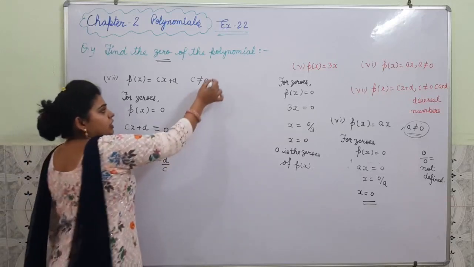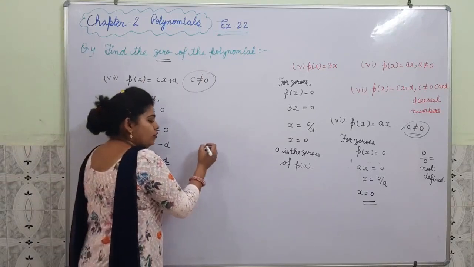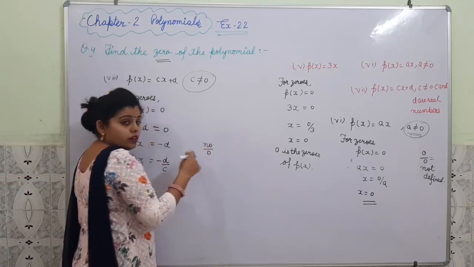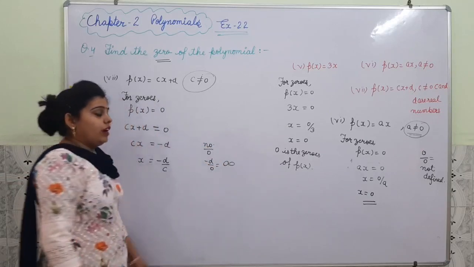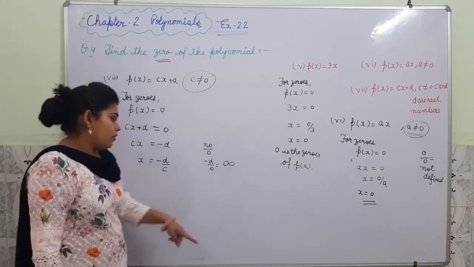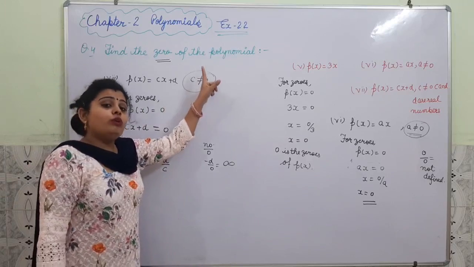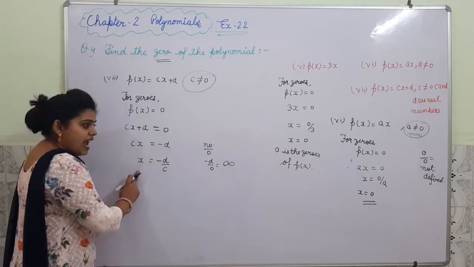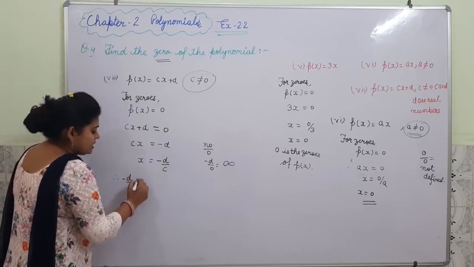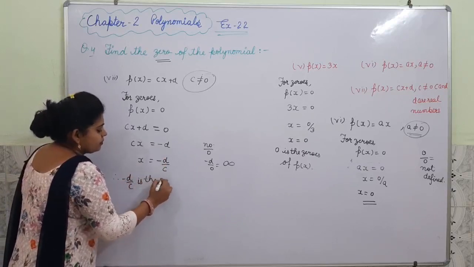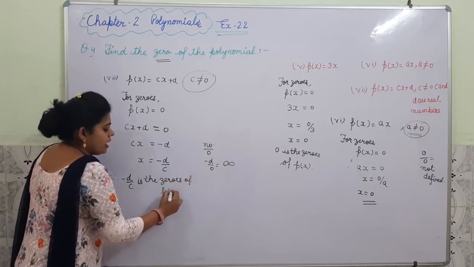Again the condition says c is not equal to 0, because when we divide by 0, here minus d divided by 0, it is not defined. That's why it is written that c is not equal to 0. So minus d by c is the zero of p of x.